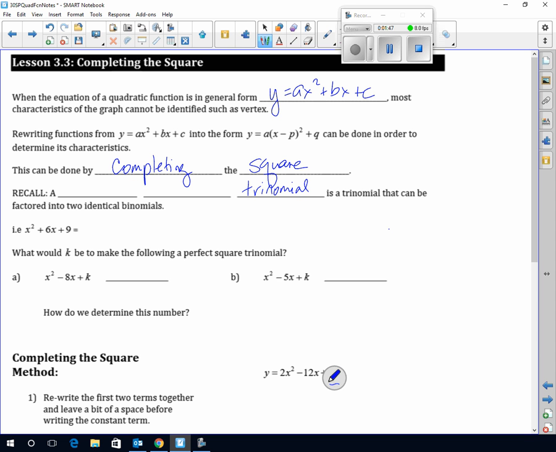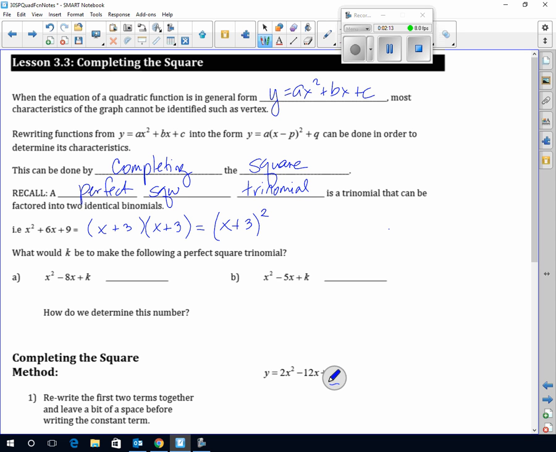It's actually x plus 3 times x plus 3, which is x plus 3 the whole thing squared. Yes, it is called a perfect square trinomial, because when you factor it, you get what's called a perfect square, right? And some of you never used that shortcut when you did it in grade 10.